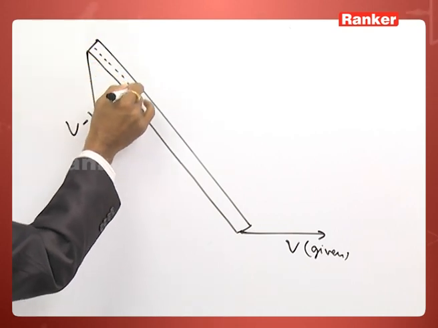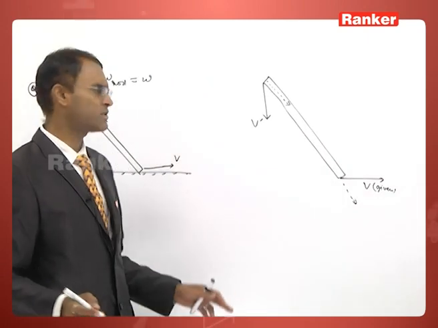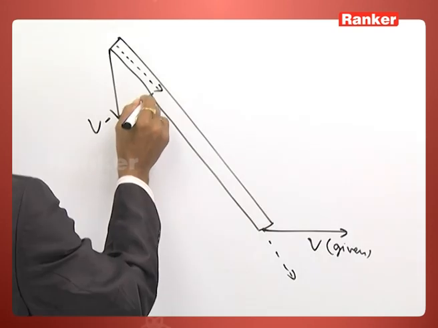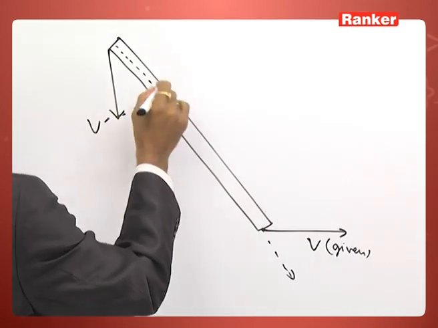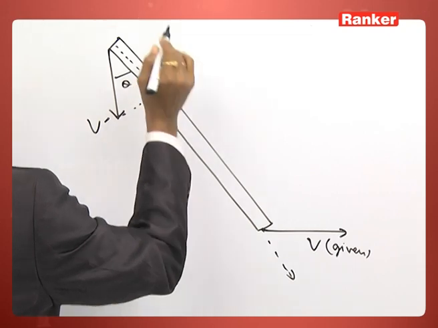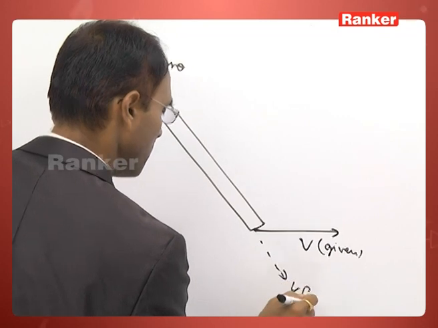We take the velocity component along the rod. Since the rod is rigid, these two velocities will be equal. That is the basic definition of a rigid body. If this is theta, this is v dash cos theta, and if this is v, this is v sin theta.